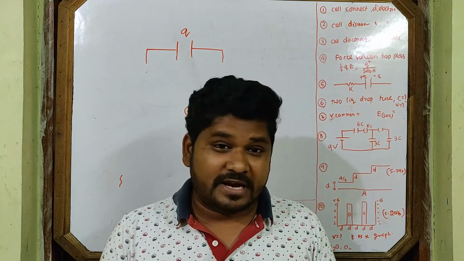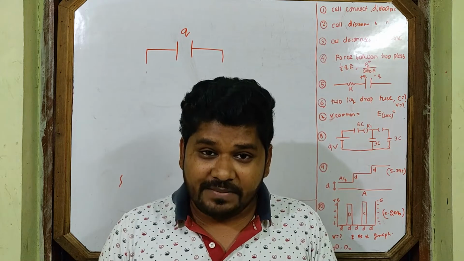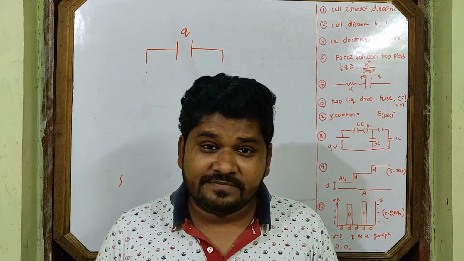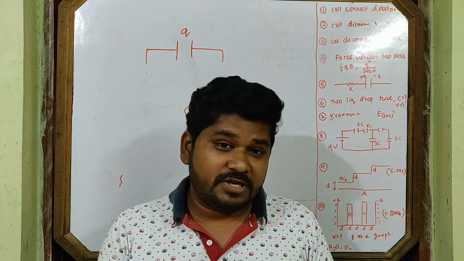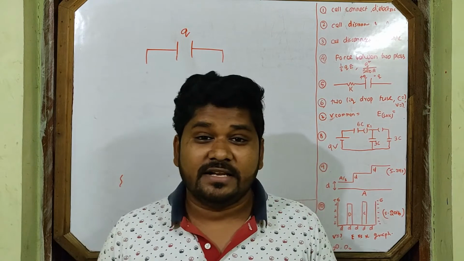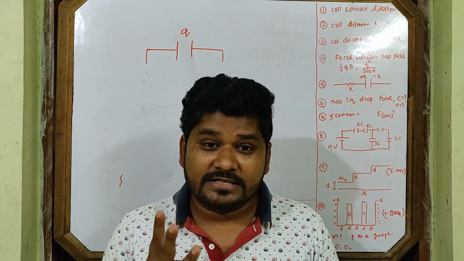Third, if geometry of the capacitor changes, like the separation between the two plates is made double, or dielectric is inserted between the two plates of the capacitor, then capacitance must change irrespective of the combination of the cell. So these three lines are very important concepts.